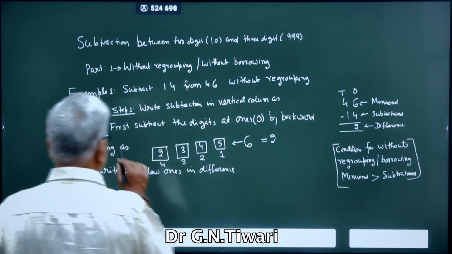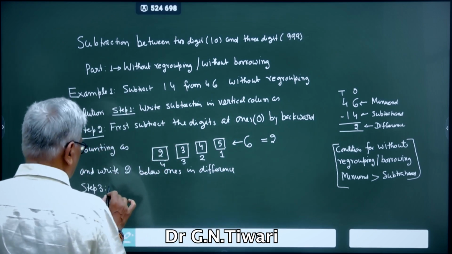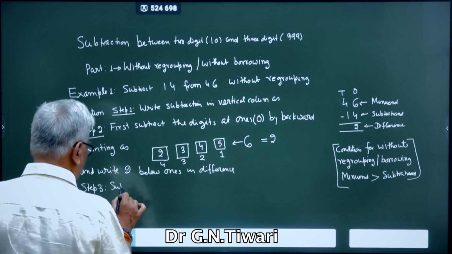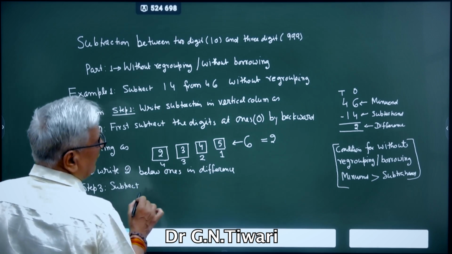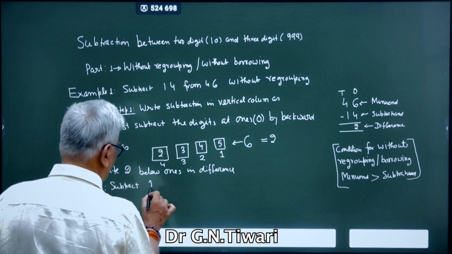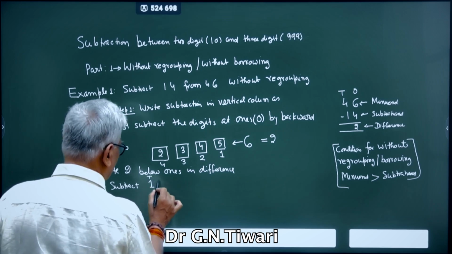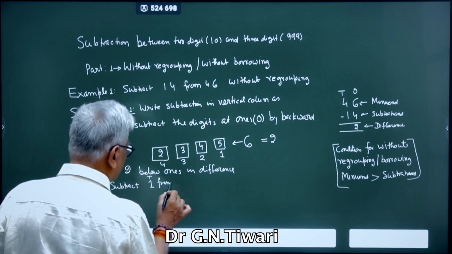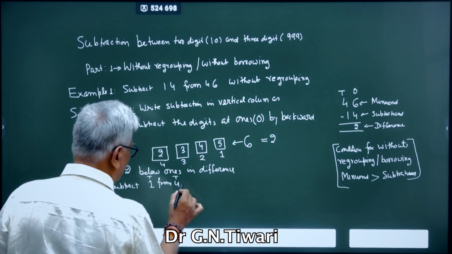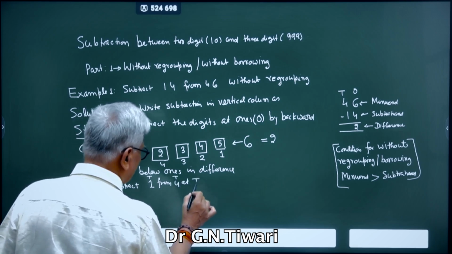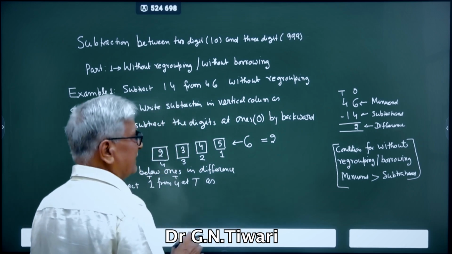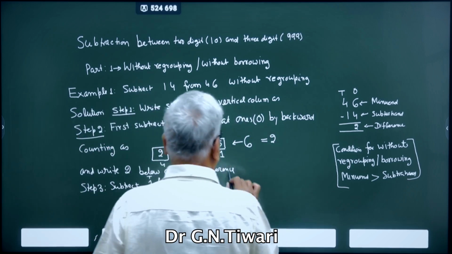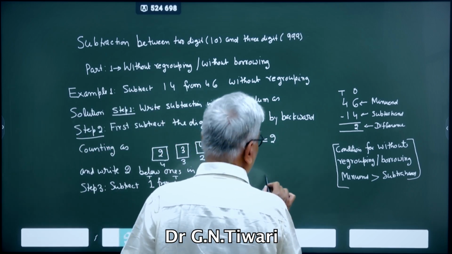So, similar to this, subtract 1, better write T, from 4 at T. Again, 4 is higher, so you have to write 4.